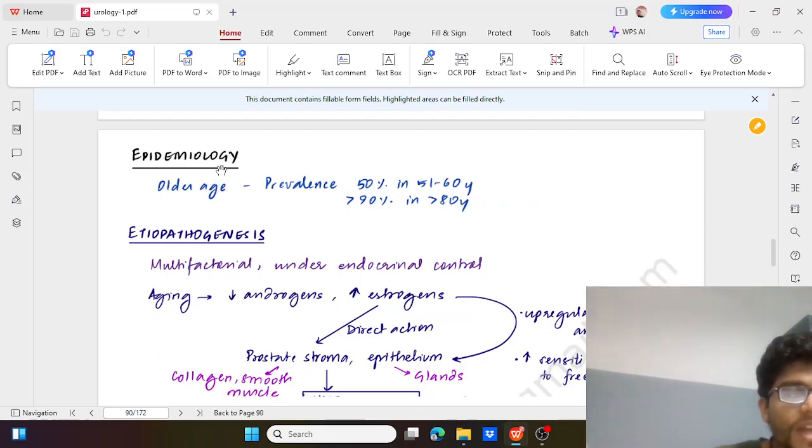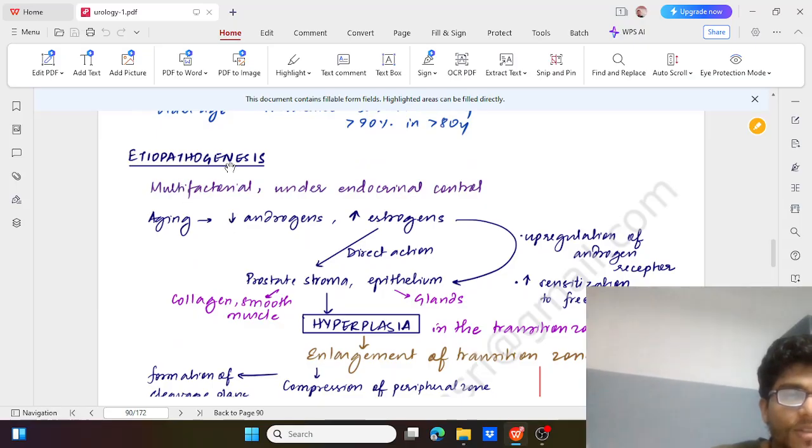Now coming to the epidemiology of BPH: it is common in old age patients. It is seen in around 50% in the 50 to 60 years age group, and after 80 it is as common as 90%. In pathogenesis, this disease is multifactorial, along with endocrinal control.